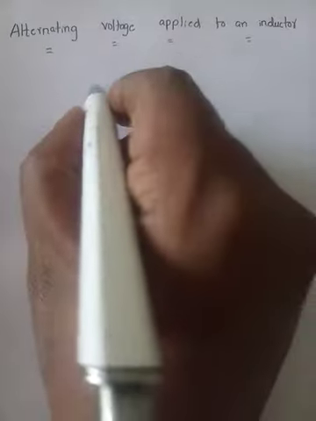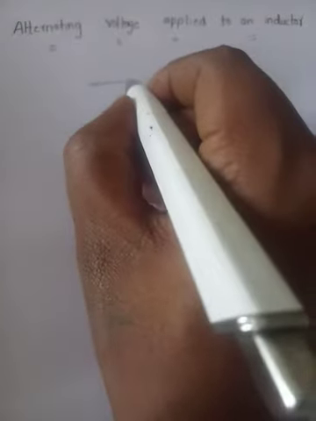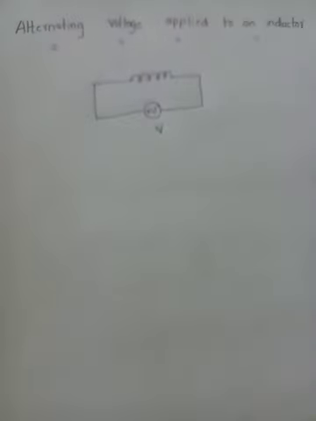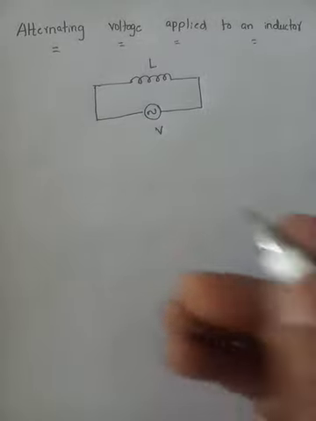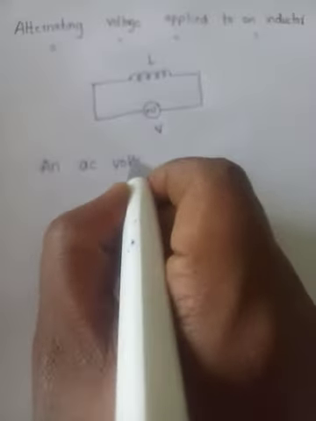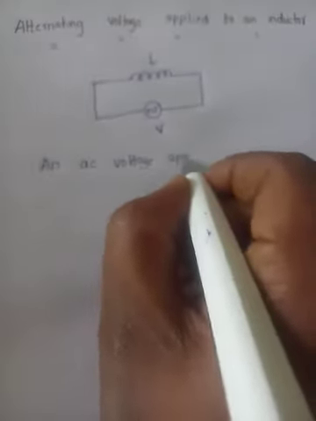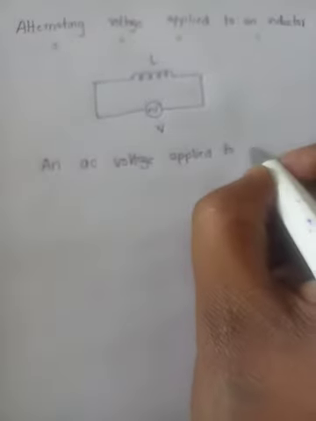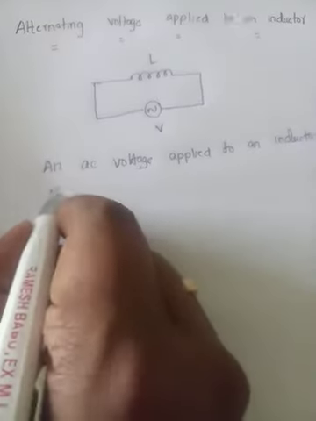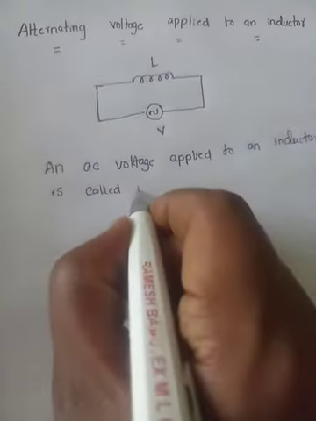Let us take an inductor which is connected to, as usual, an alternating source of applied voltage V, and the inductance of the inductor is L. Same thing, an AC voltage applied to an inductor is called an inductive circuit.